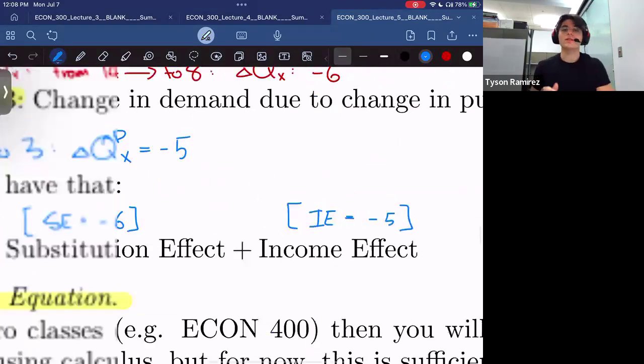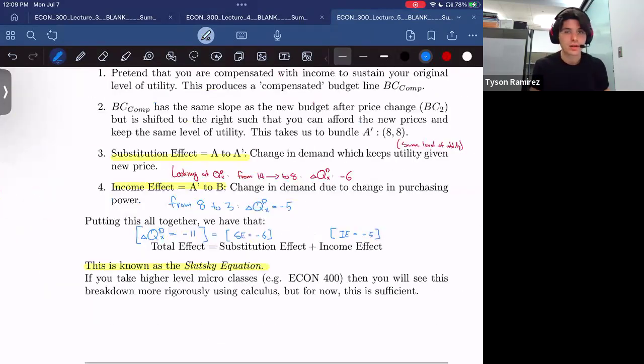That's the intuition for what these things are and how we decompose the change in demand due to a change in marginal utilities versus due to just a decrease in purchasing power. Not a decrease in utility, I should say, a change in marginal utilities. Let me be a little bit more specific.